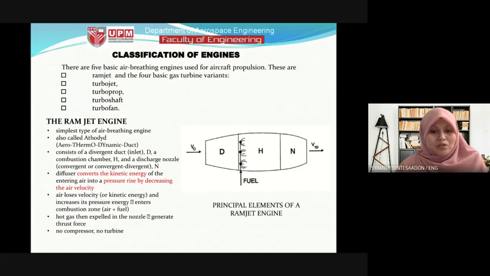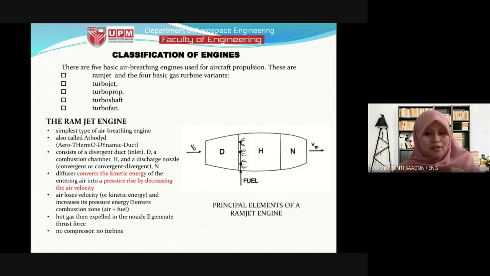So the air from outside is a high speed gas flow with high kinetic energy, and it is converted by the diffuser into pressure energy before entering the combustion chamber.